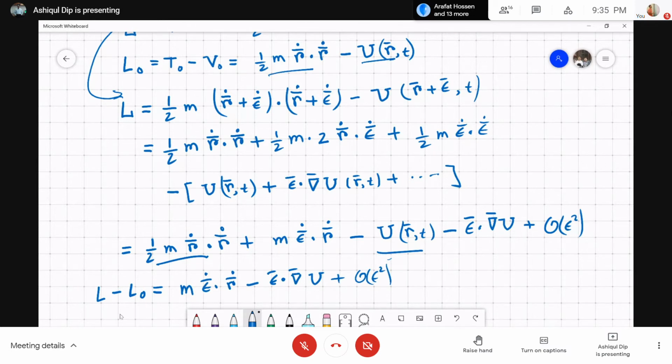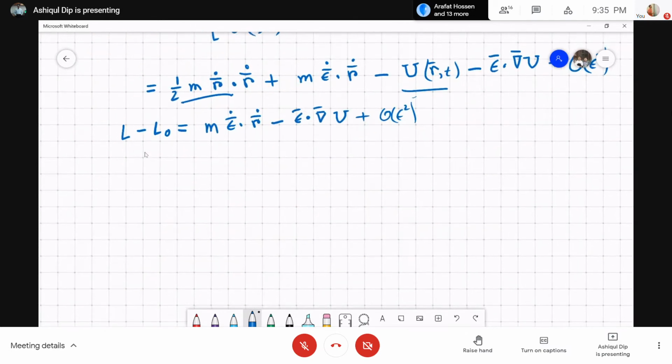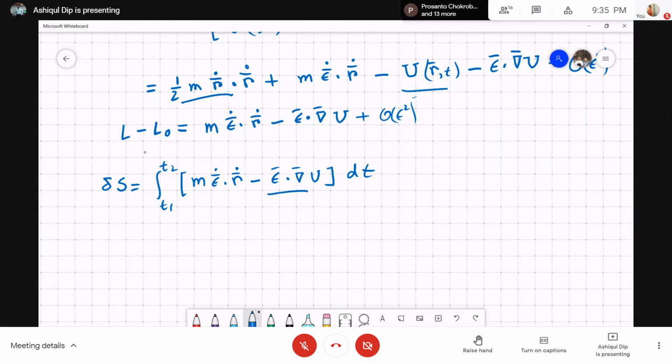Okay, great. Now we substitute that L minus L naught inside of that variation. So the variation of S, the change in S, would be the integration from t1 up to t2 of M epsilon dot r dot minus epsilon dot grad U, neglecting the higher order term, dt. So leave this term as it is, but integrate this term by parts.